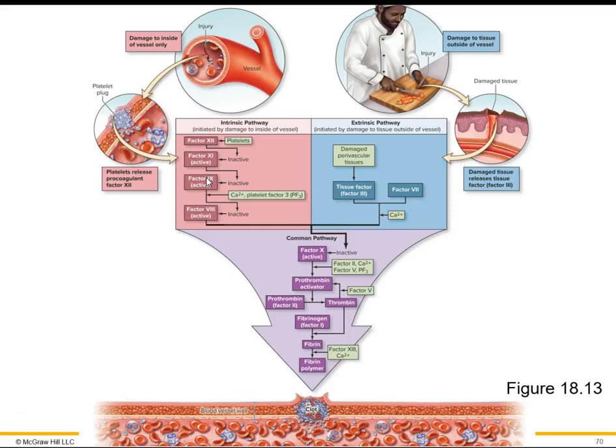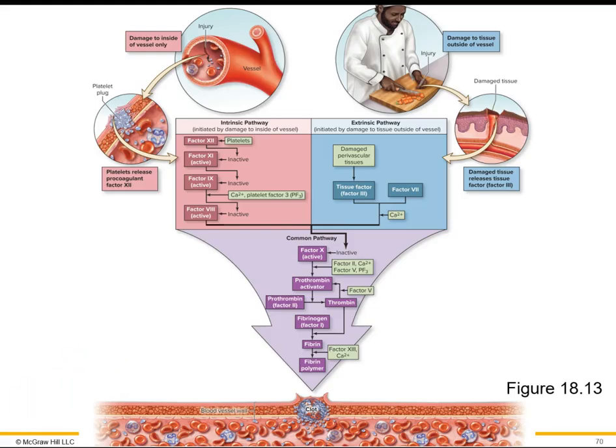Active factor 9, along with calcium and platelet factor 3, are going to activate factor 8. Factor 8, once it's activated, can go and activate inactive factor 10, and now you have active factor 10. Okay, everything from here down is going to be the same regardless of whether the damage is the inside of the blood vessel or outside of the blood vessel.